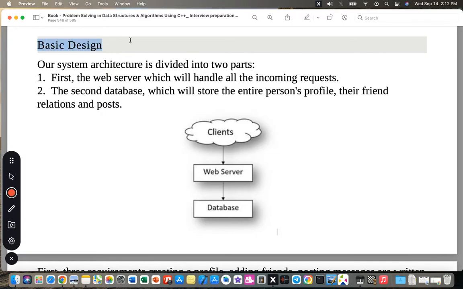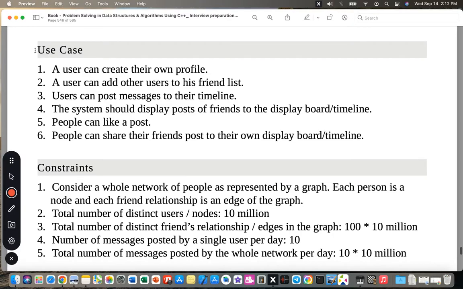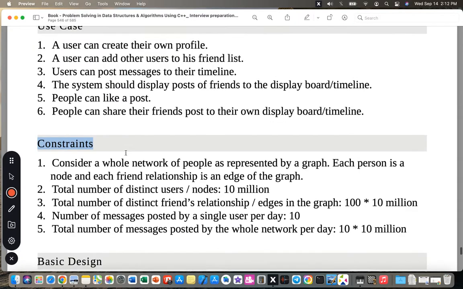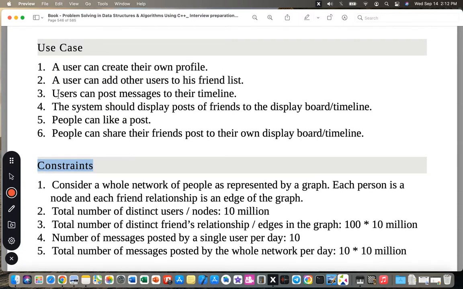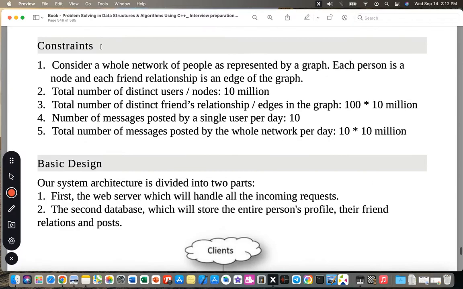So basic design. Now we finished the first 2 stages, the use case or information gathering, then the constraints. And as we can see, the question was clear enough that we did not need to ask clarifying questions of the interviewer. That's not always the case, right?